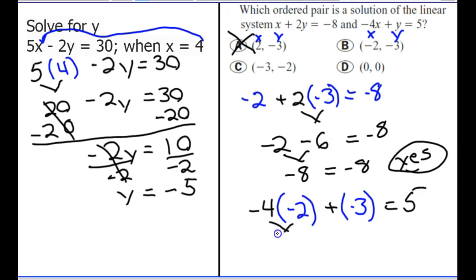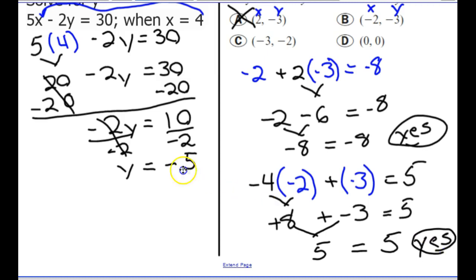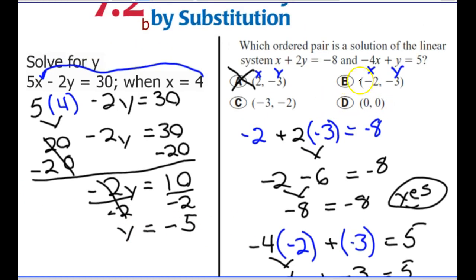Negative 4 times negative 2 equals positive 8, plus a negative 3. 8 plus negative 3, well, that's 5. That's basically saying 8 minus 3. And 5 equals 5. So yes, this one does work. So it works for both, and that means that B is our answer. Negative 2, negative 3 works for both of our equations.